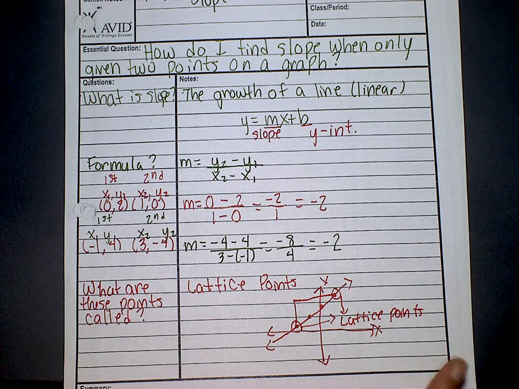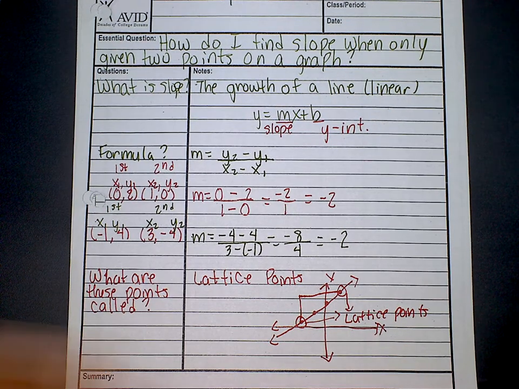So, in summary, the question was, how do I find slope when I'm only given 2 points on a graph?